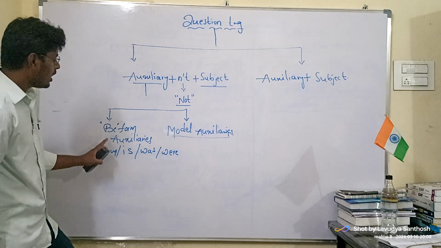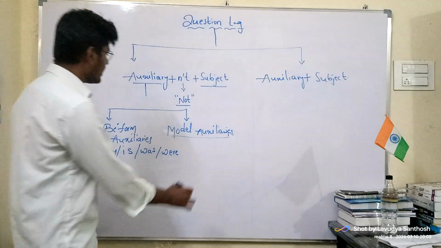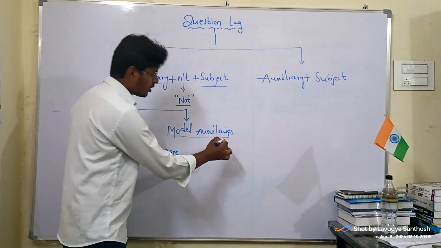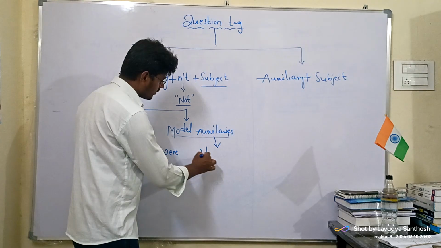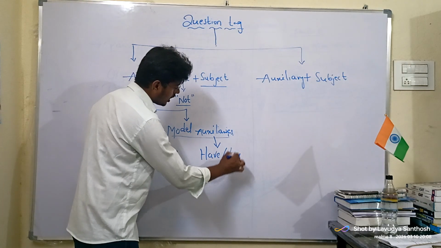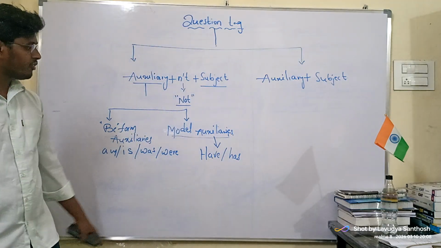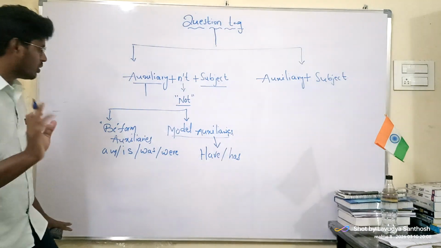Okay, these all are be form auxiliaries. Now what are modal auxiliaries? Modal auxiliaries are have, has. Have and has are modal auxiliaries. So from where have and has came, let us see for a small 1 minute.